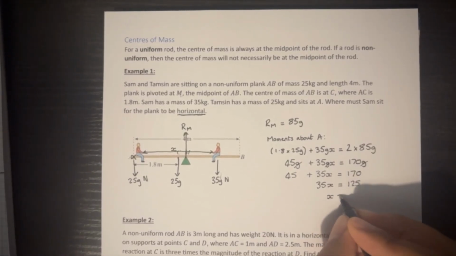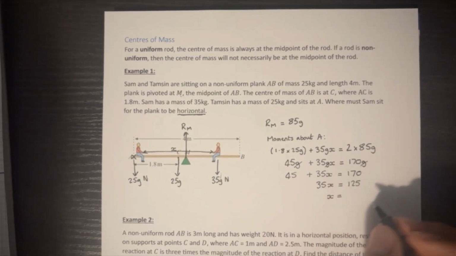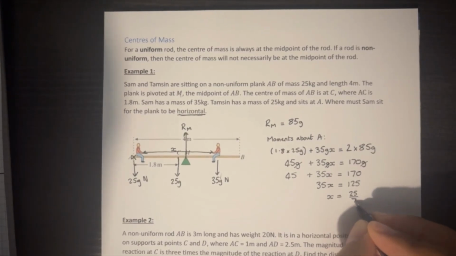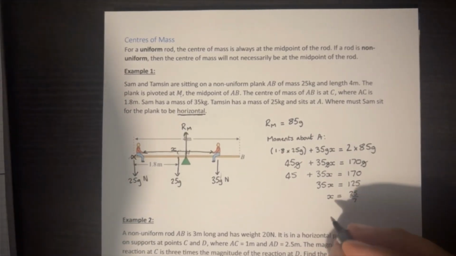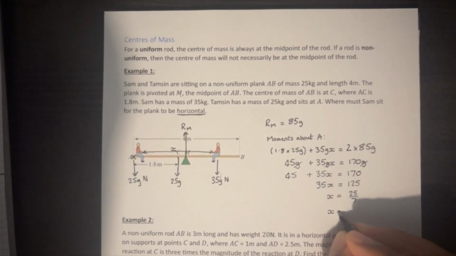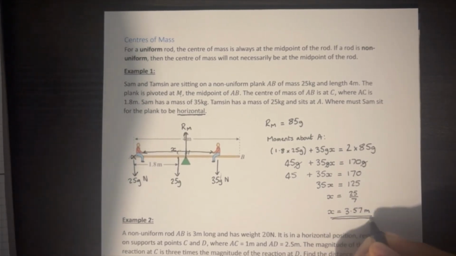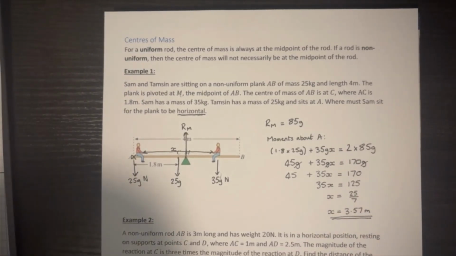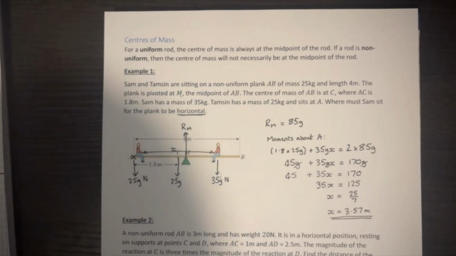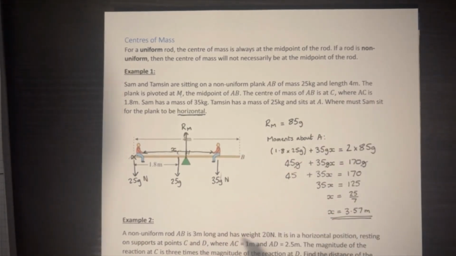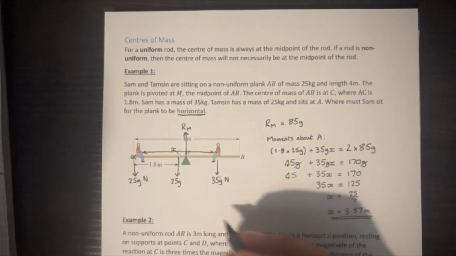So x is equal to 125 over 35. That's 25 over 7 if we're writing it in its exact form, or x being equal to 3.57 meters, written to a couple of decimal places, and that there is our answer. Just to make that clear, we were asked where Sam must sit, so x is 3.57 meters.